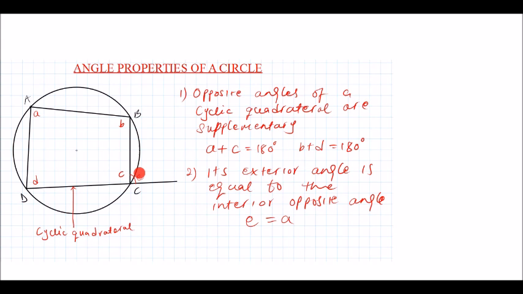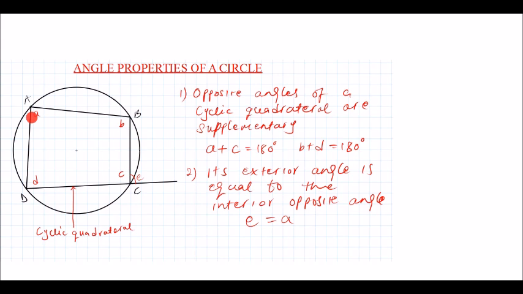Now that angle is called the exterior angle, and this exterior angle is equal to the opposite angle in the cyclic quadrilateral. So this means that A is always equal to A. Is it clear?